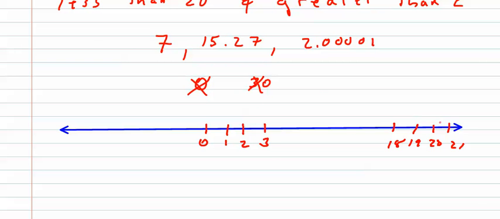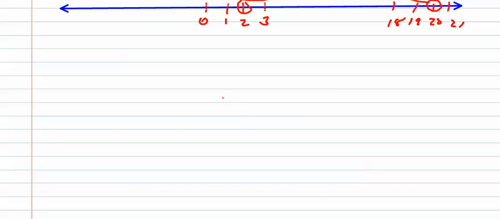Less than 20, open circle; greater than 2, open circle, and we graph like that. These are all the numbers that are greater than 2 and less than 20.